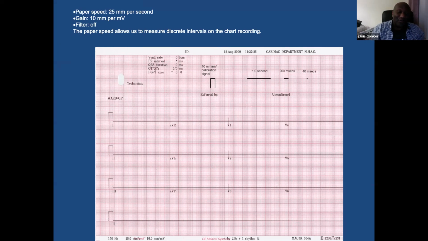The other thing to watch out for is the frequency. It is often between 0.05 or 0.5 hertz and 150 hertz. That's the bandwidth, the frequency range in which the signal is being collected. Sometimes people might put a filter on, and we encourage you not to do that if you can help it.